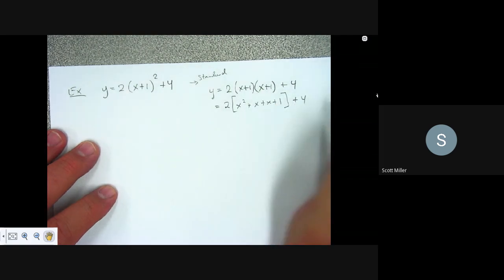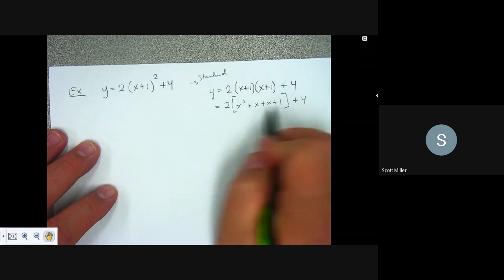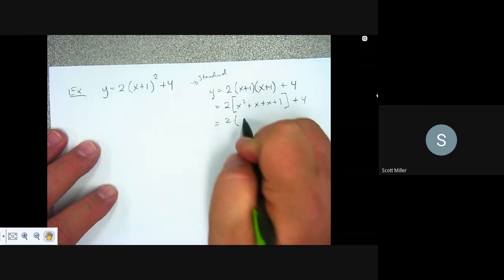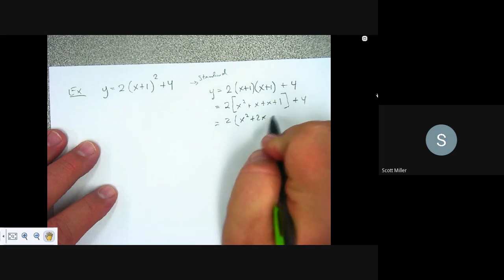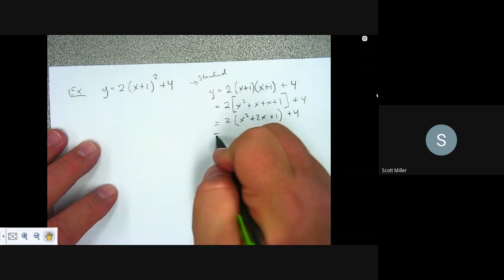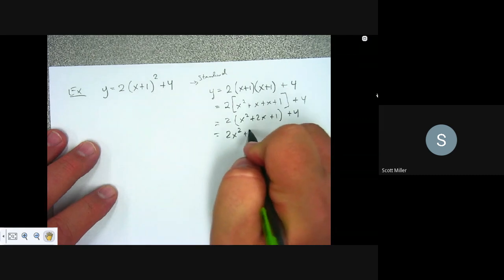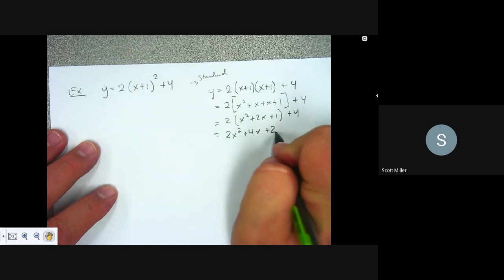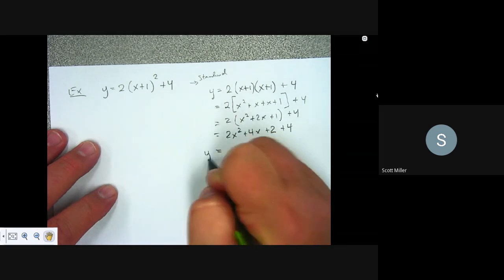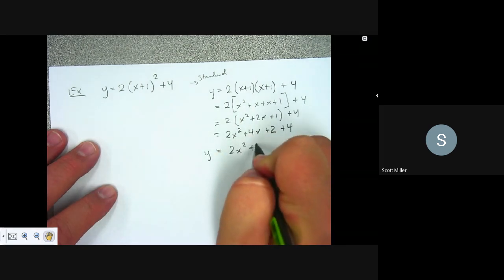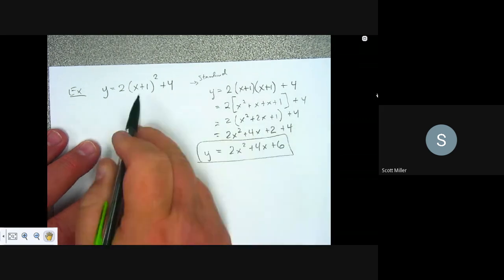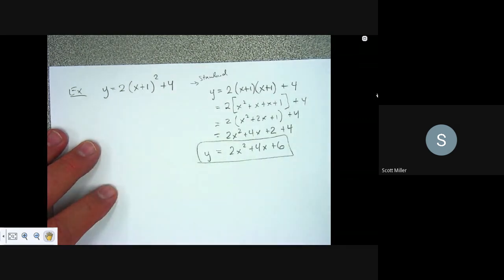There's the plus 4. Now I have x squared plus 2x plus 1. Distribute the 2: 2x squared plus 4x plus 2 plus 4. Combine like terms, and you get your standard form of that.